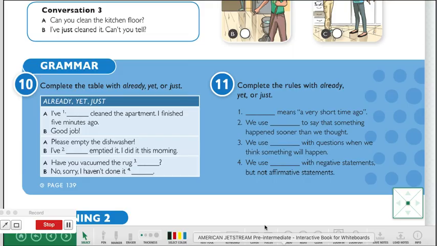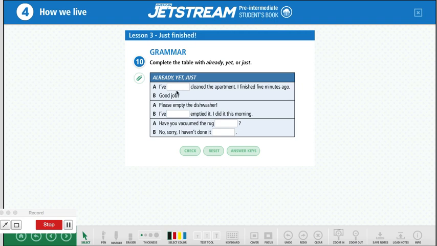Now, let's go back. Look at this. Complete the table with already, yet, or just. What is the answer? I don't know. "Clean the apartment. I finished 5 minutes ago." What do you think? Maybe just, because it was a very short time ago. "Please empty the dishwasher."